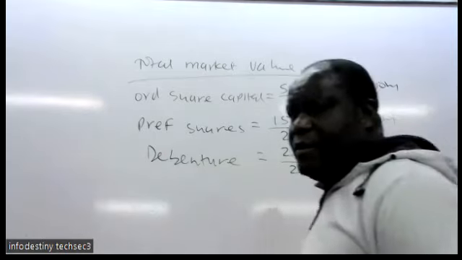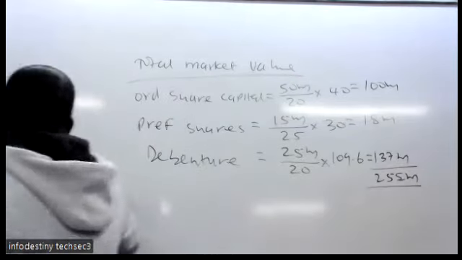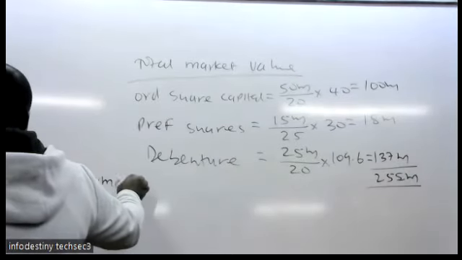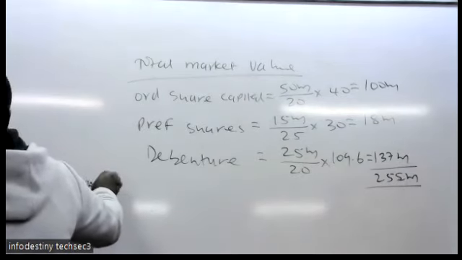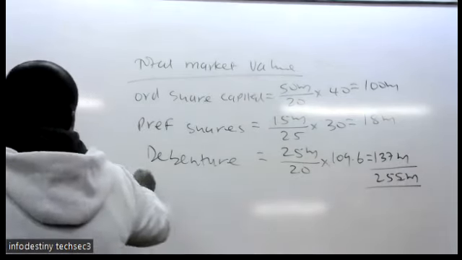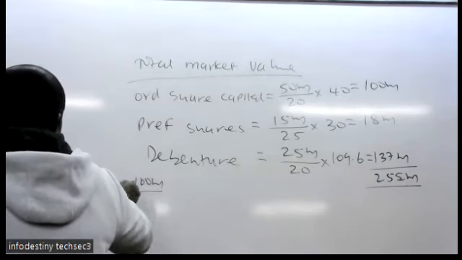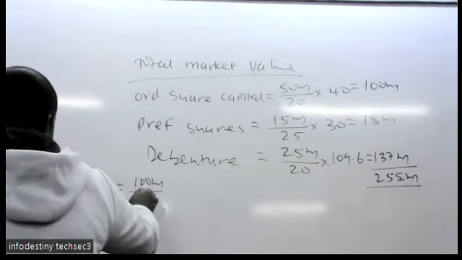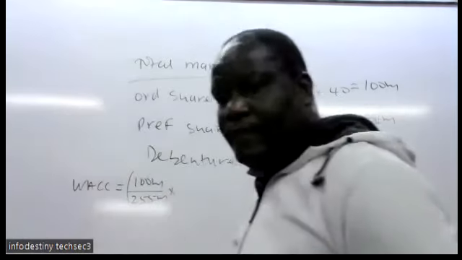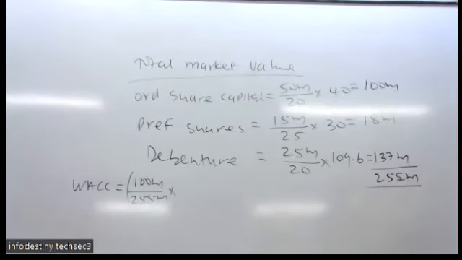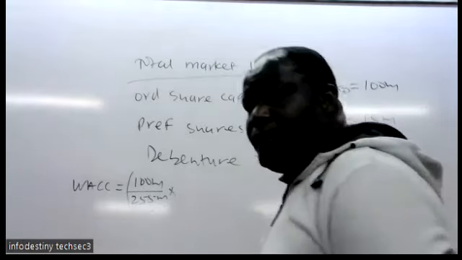So now you can get your WACC. We take 100 million divided by the total 252 million. What is the cost of the ordinary share?